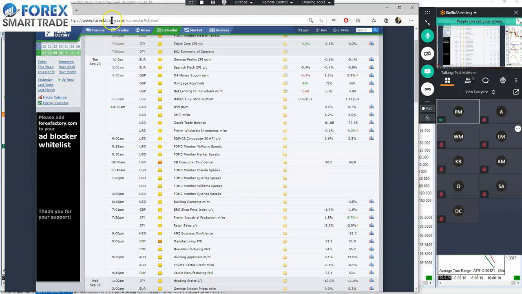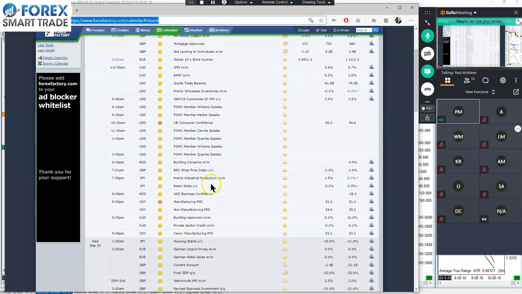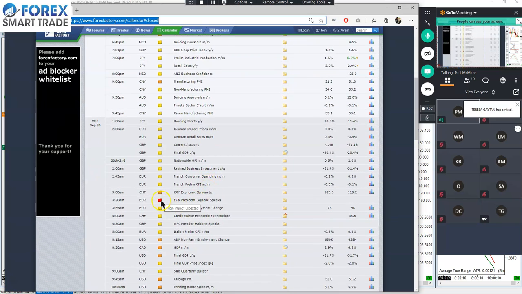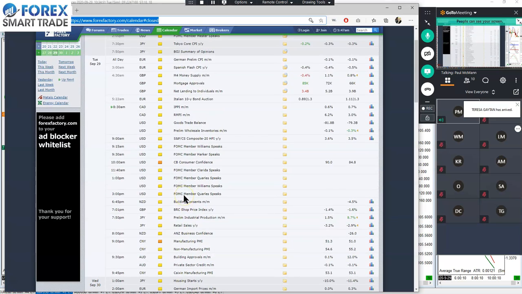The news feed we use is from forexfactory.com. It breaks information down into three types: a yellow, low impact; an orange, medium impact; and a red, high impact. When we see a red, we kind of want to stay away from it.